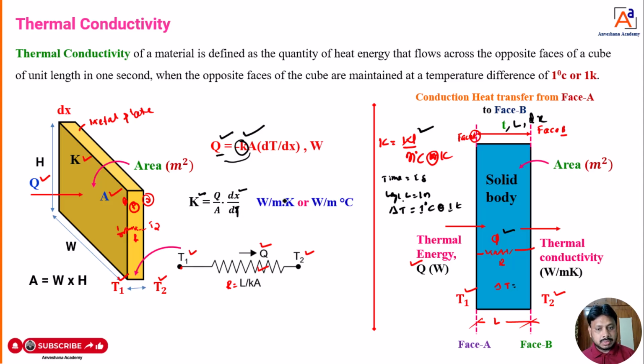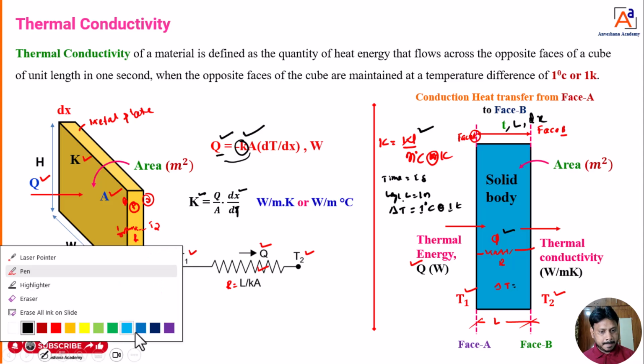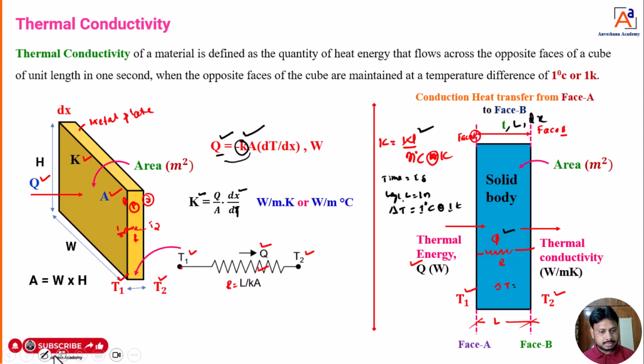So that is nothing but watt per meter Kelvin. How is it watt per meter Kelvin, dear students? You can see here now. What is the unit for Q? That is watt. What is the unit for area? That is meter square. What is dx? That is the thickness or length of the plate, so it is in meter.